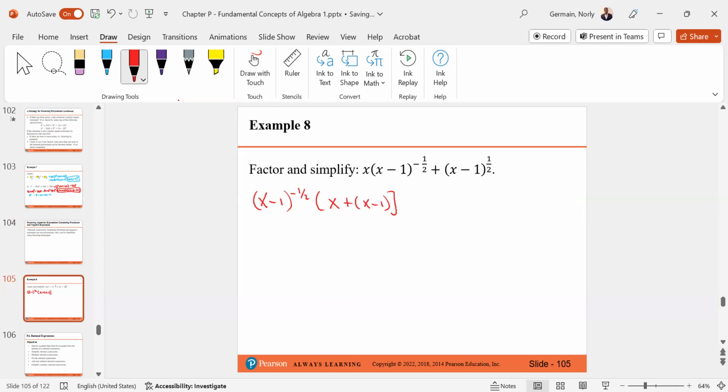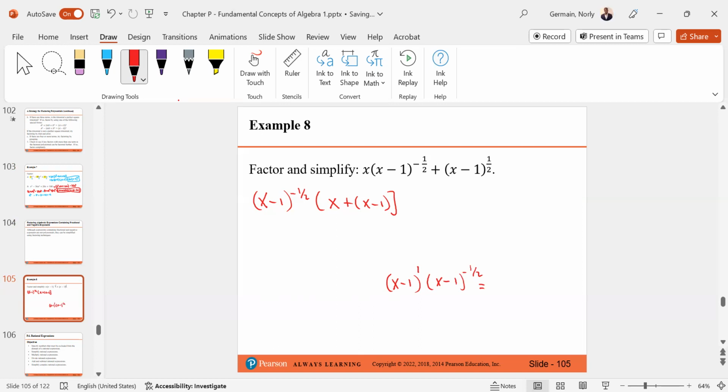Because with power 1, if I have x minus 1 times x minus 1 to the power negative 1/2, what happened? There is a power 1 here, right?